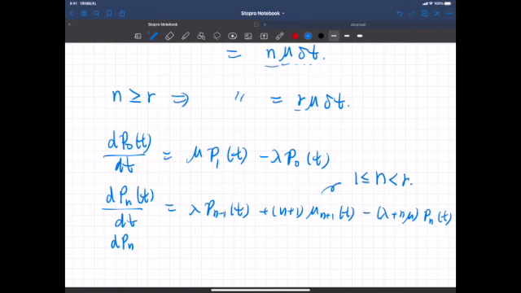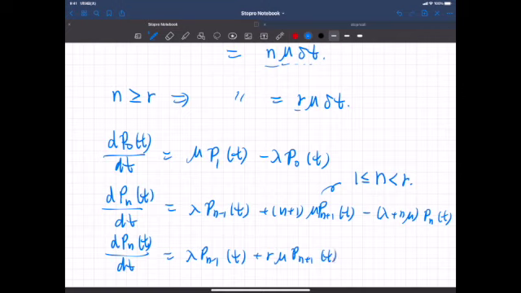And the last one is this: Pn'(t) equals lambda P(n-1)(t) plus r mu P(n+1)(t) minus (lambda plus r mu) Pn(t).